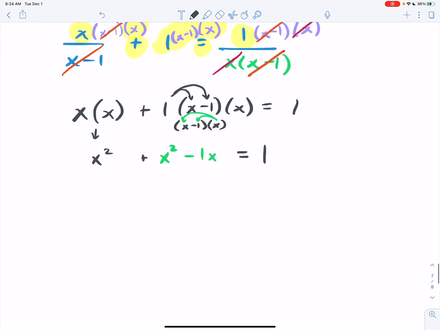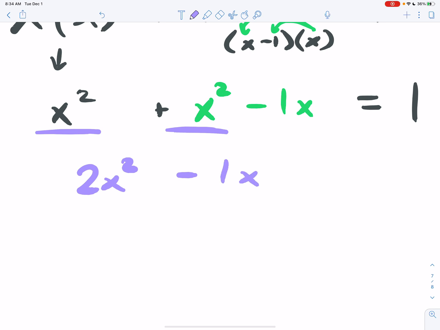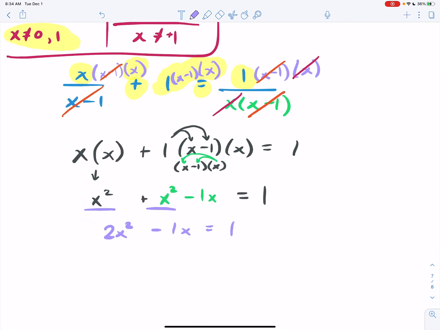Okay? So I noticed that I can actually combine like terms here. x squared plus x squared, it's kind of like saying $1 plus $1 is $2. So x squared plus x squared is 2x squared. Okay? Minus the 1x equals the 1.